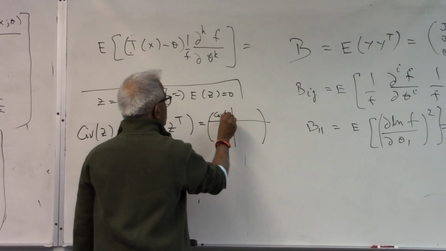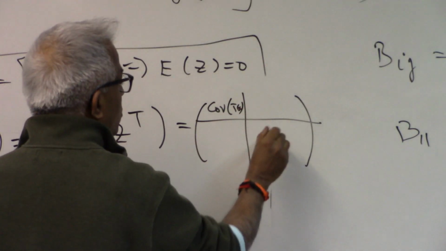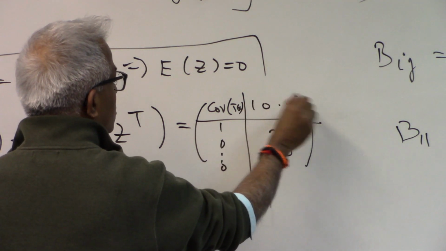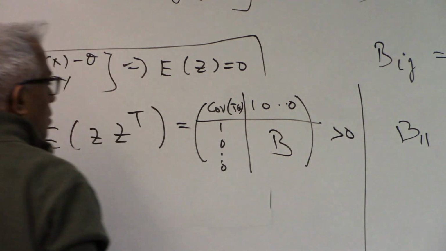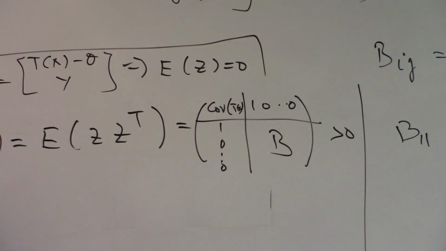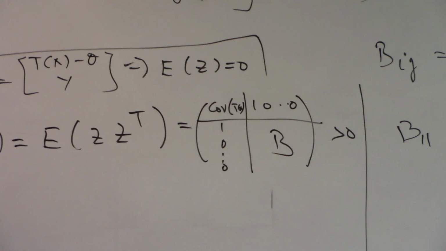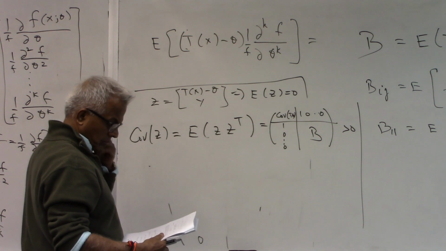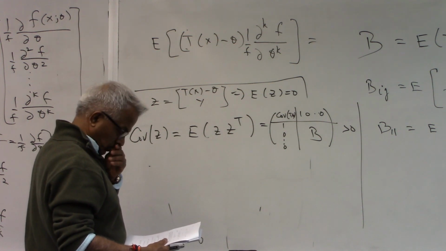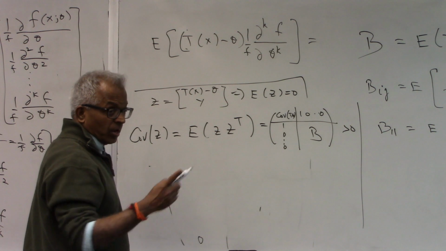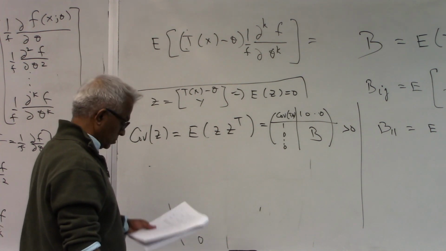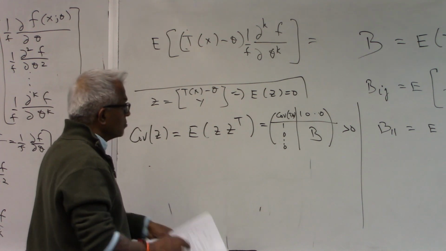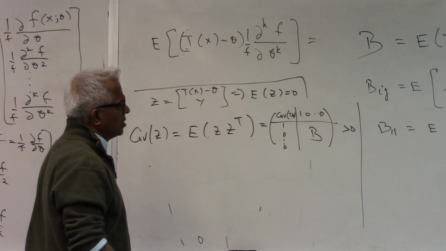Here you have the covariance of T, and you have the B matrix. Here you have 1, 0, 0, you have 1, 0, 0. This is positive. So again, we can use the previous result.